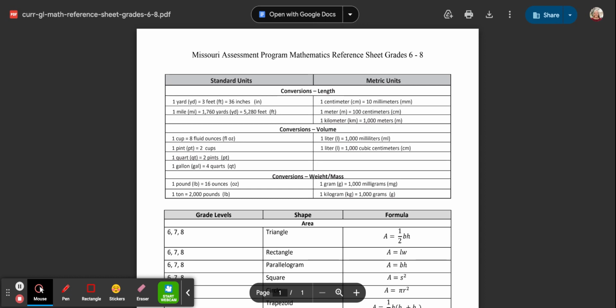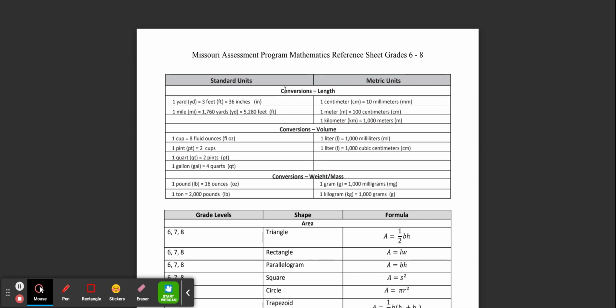Whenever you are looking at the conversion section, that's this first box up here at the top. This is where, if you have a unit in your problem but you need to change it into a different unit, we usually either have to multiply or divide depending on what the unit is equal to. If we are looking at 1 yard, this shows us that 1 yard is equal to 3 feet, which is equal to 36 inches.